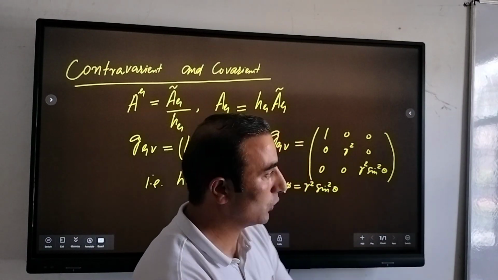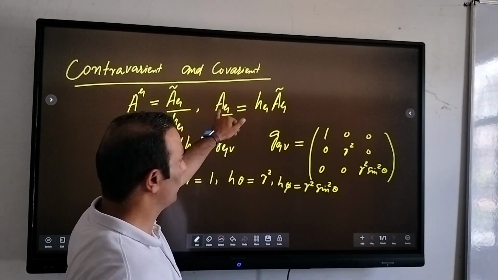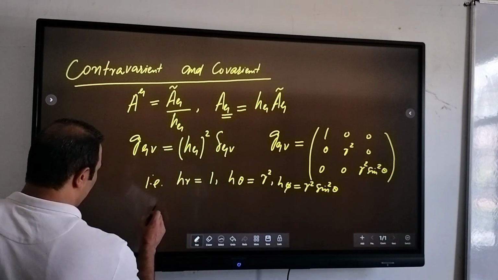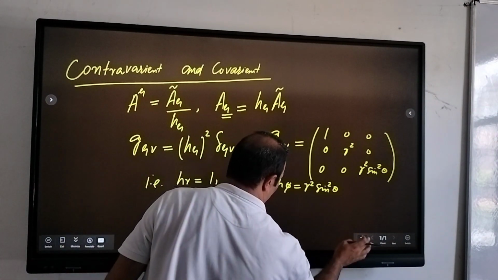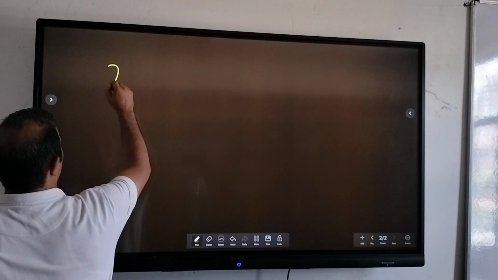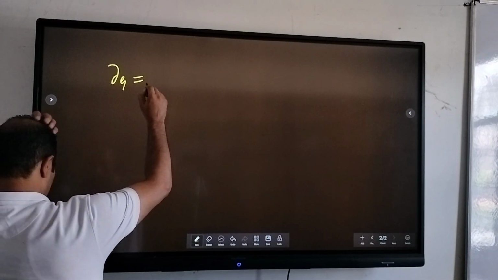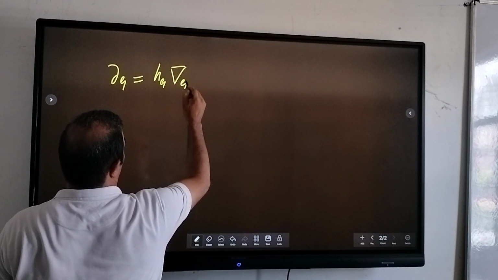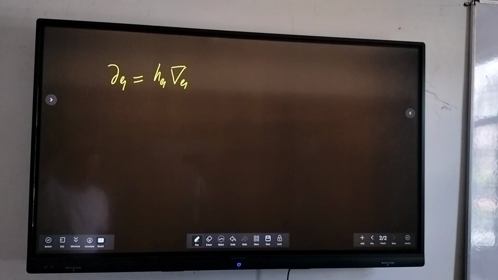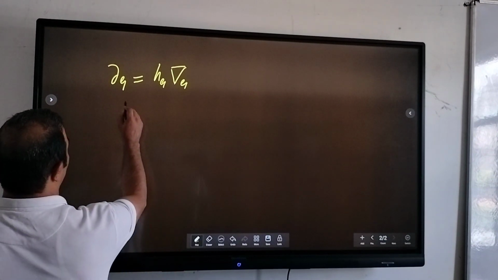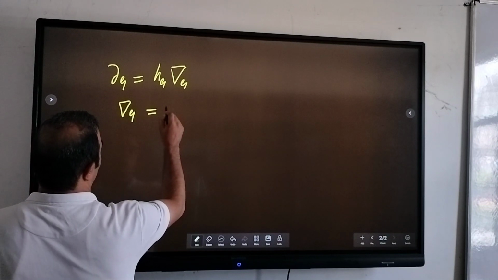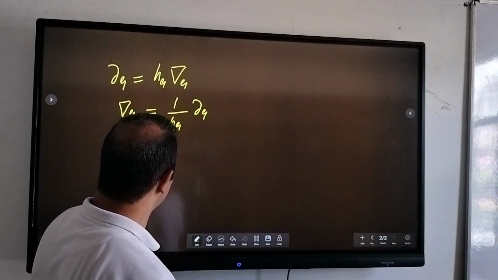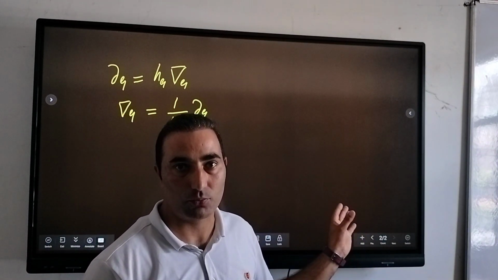So if you take its variation with respect to some gradient, with respect to some partial derivative, we can write partial mu as h mu, or you can write delta mu as 1 by h mu. That is how you can relate how this gradient varies, how it gets transformed, right?